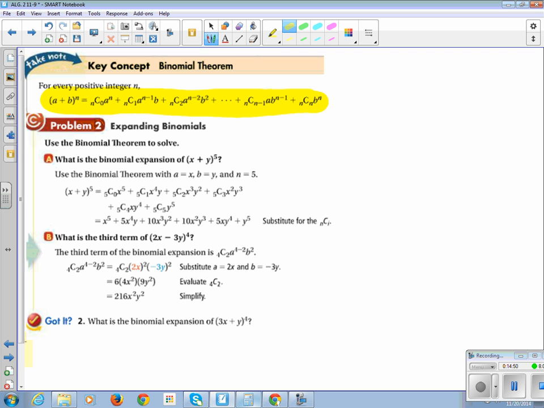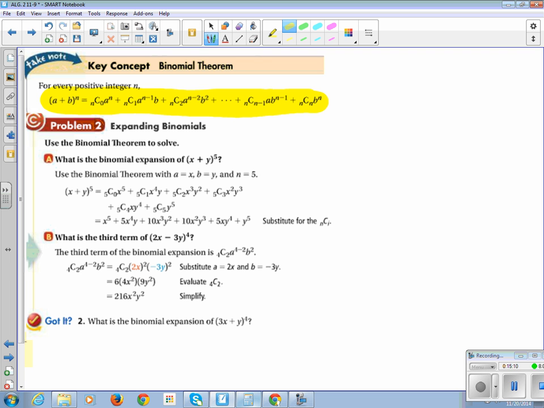So for every positive integer n, a plus b to the n power is n choose 0 times a to the n, plus n choose 1 times a to the n minus 1 b, plus n choose 2 times a to the n minus 2 b squared, and all the way.